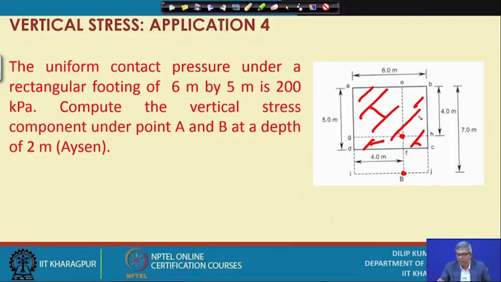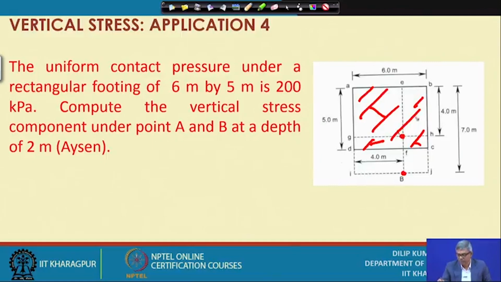That means I can apply the corner formula 4 times. While applying it, every time the formula is given in terms of m and n, where m equals a by z and n equals b by z, and I have to find a and b from the diagram.